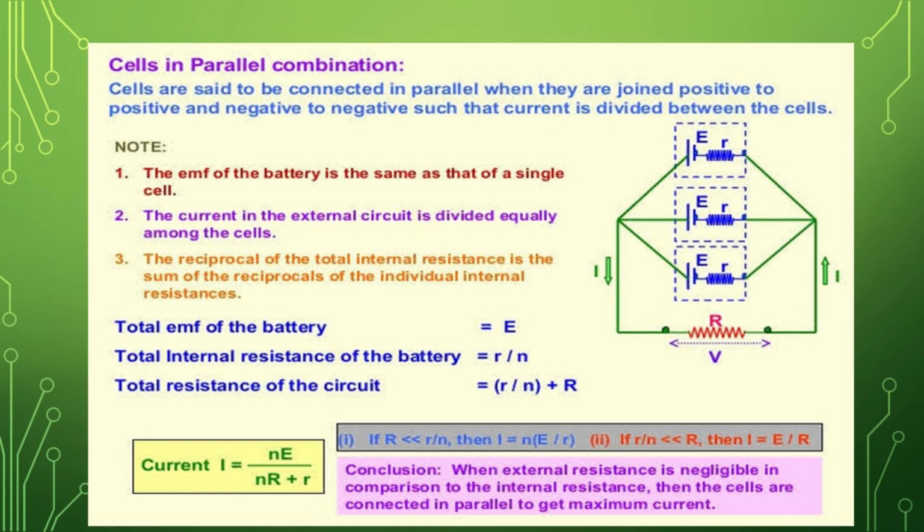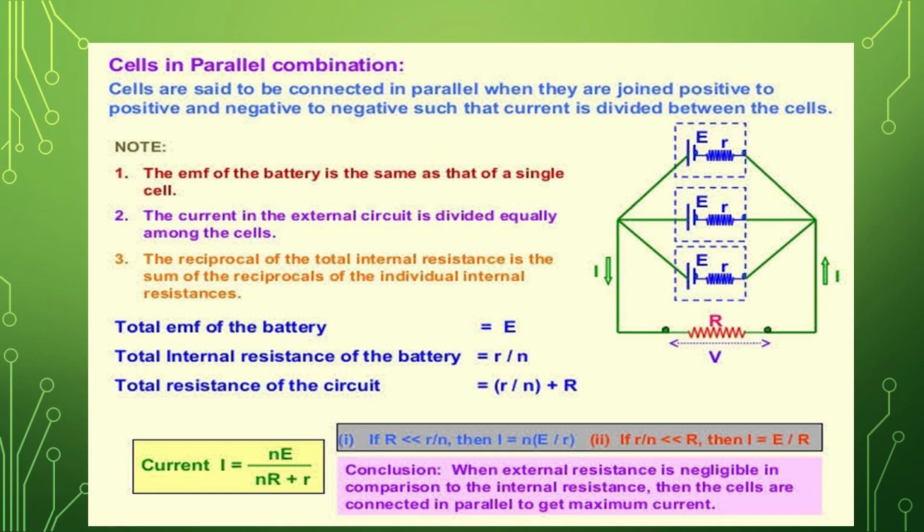Here, two cases can be considered. First one is if external resistance is very much less than internal resistance, then I is equal to n times E by small r.